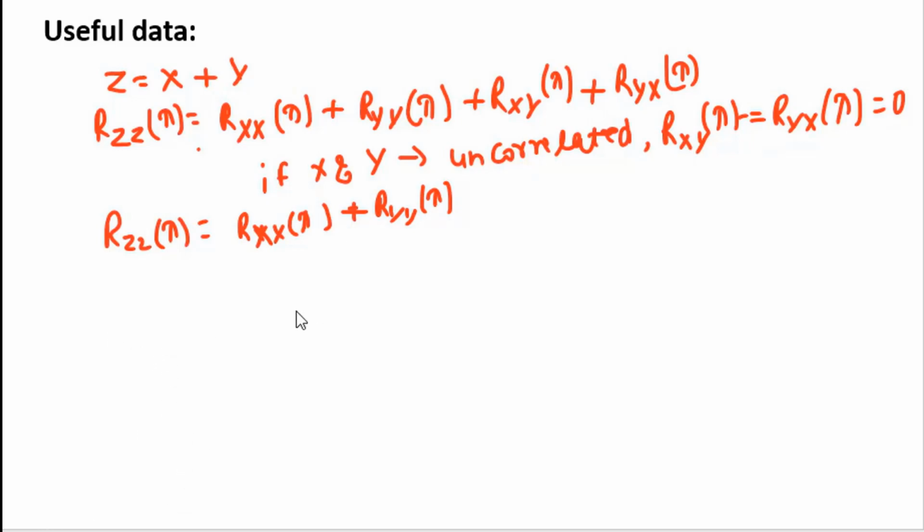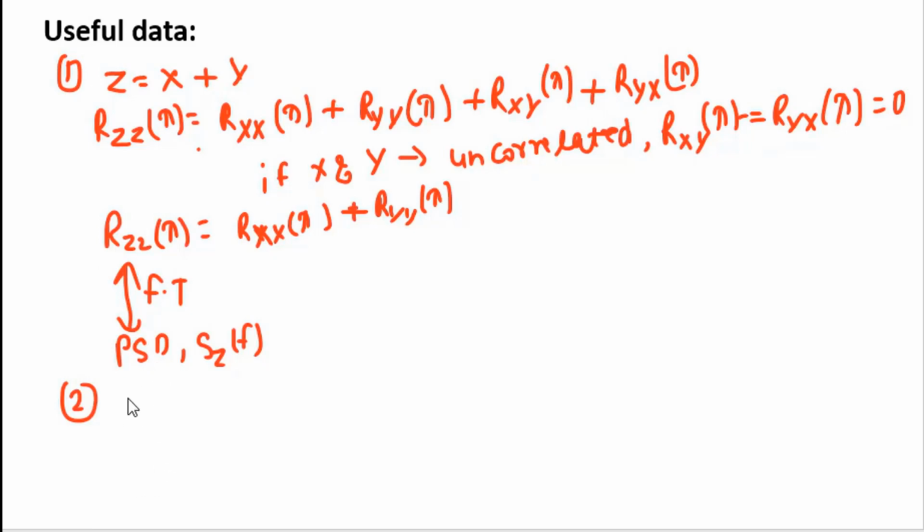This is your first condition, and the Fourier transform of this autocorrelation function will give you the PSD, that is S z of f, the PSD of this random process z of t.